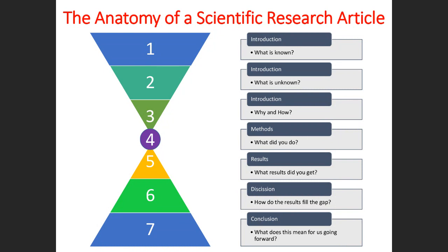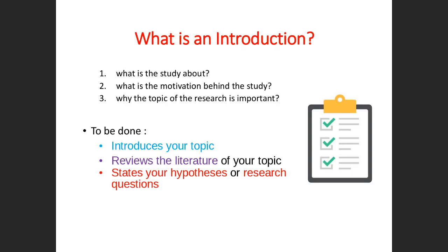Our focus in this lecture is the introduction. Usually the introduction has 3 to 4 paragraphs that explain what's known, what's unknown, and what you are planning to do, and how you are planning to achieve it. So let's examine how you can do that.